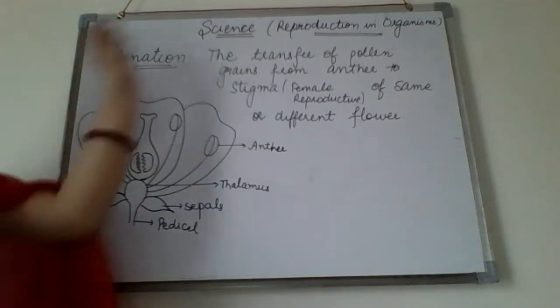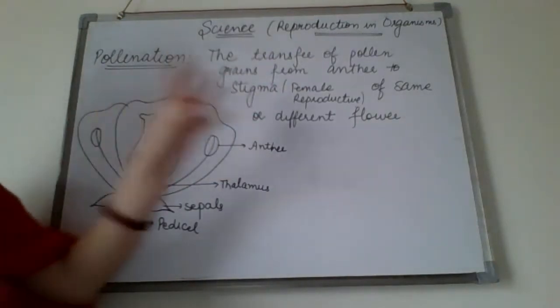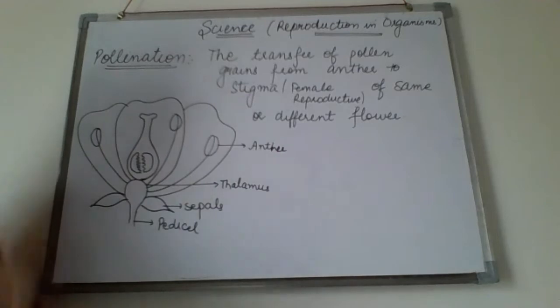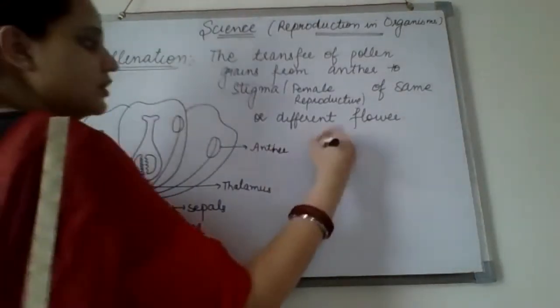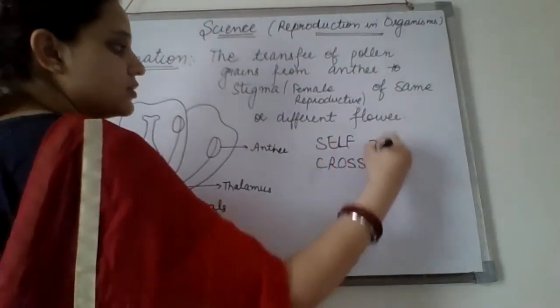The flowers can be either the same or different. Now here arise two types of pollination process: self-pollination and cross-pollination.